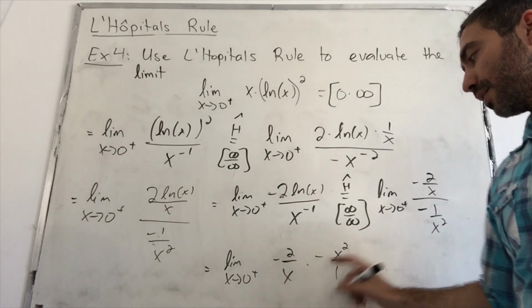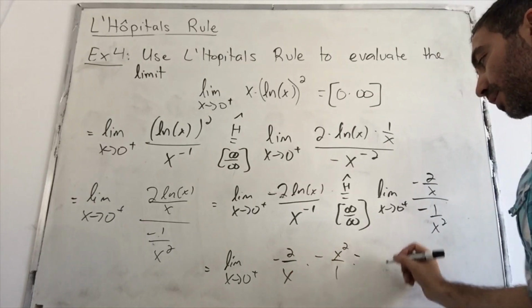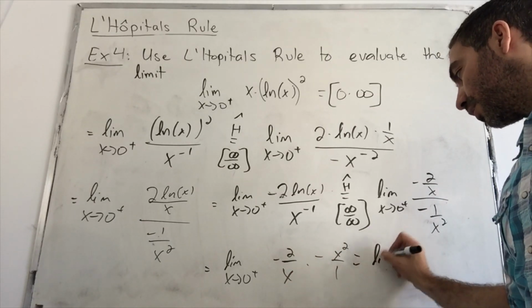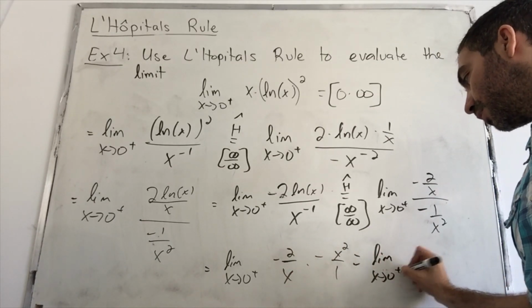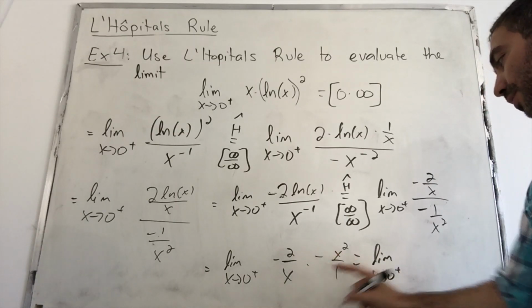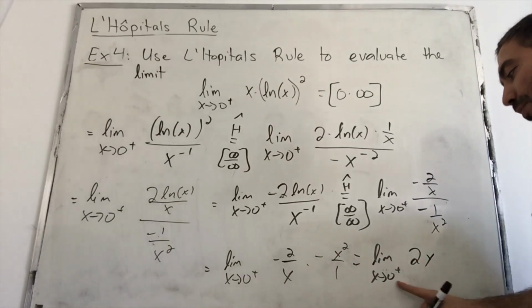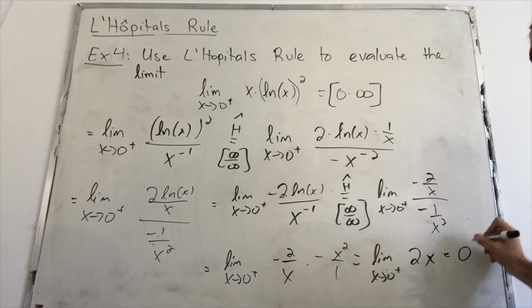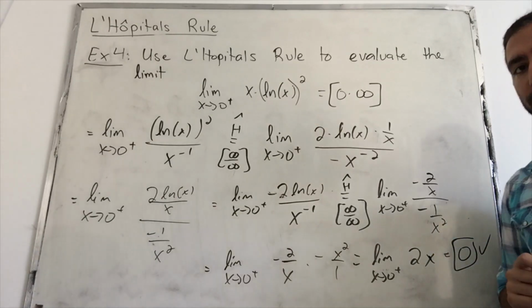So the two negatives cancel, and x squared divided by x is just x. The 2 is still there, we get just 2x. Replacing x with 0 gives us 0, and this is the final answer. We're done.